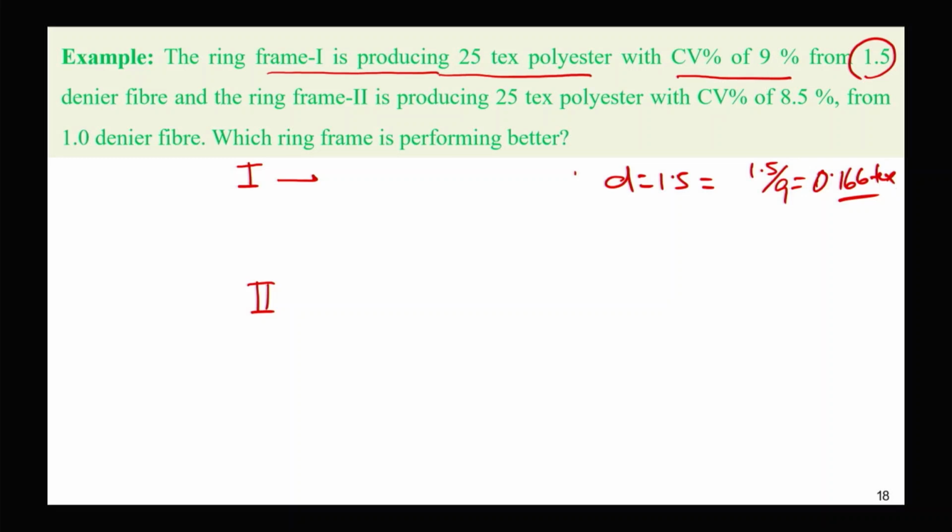This much tex. Now for 25 tex, the number of fibers in yarn 1 will be 25 divided by 0.166, yarn tex by fiber tex, which is 150.6.